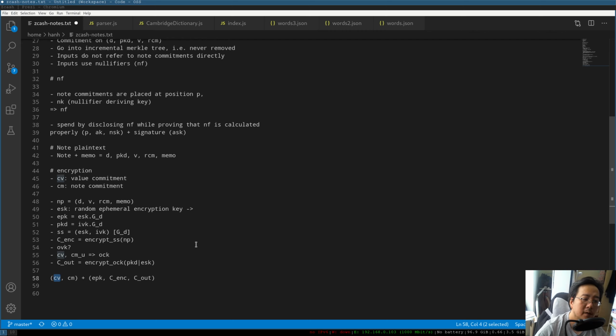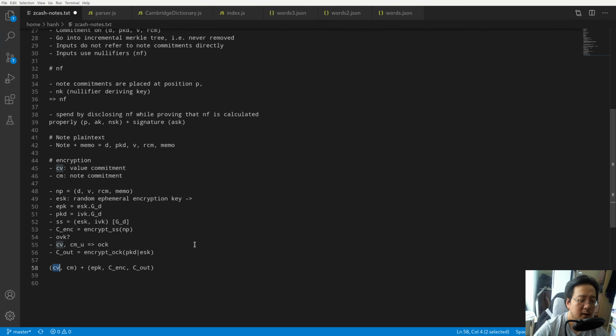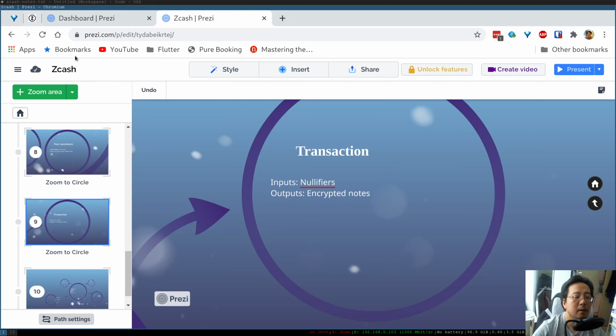The interesting part with the particular commitment that they have chosen is that it's stable with respect to addition, in a way that you can check that inputs and outputs balance. So if, for example, you spend 5 SEK in input, you have 5 SEK in output, but without disclosing the value.